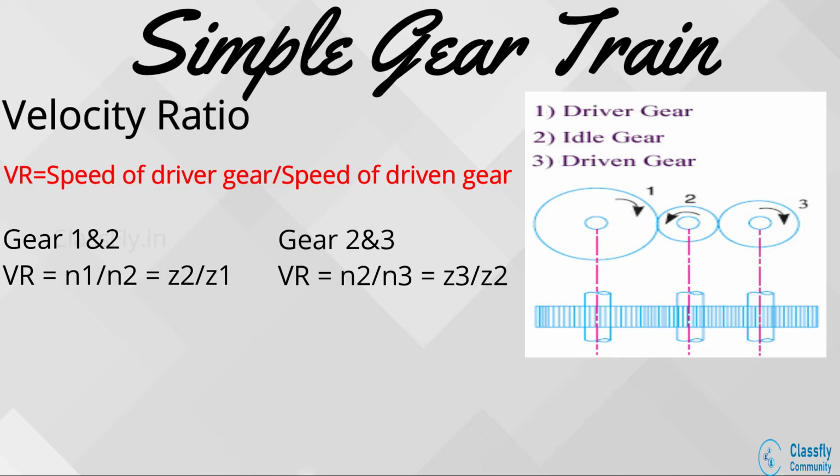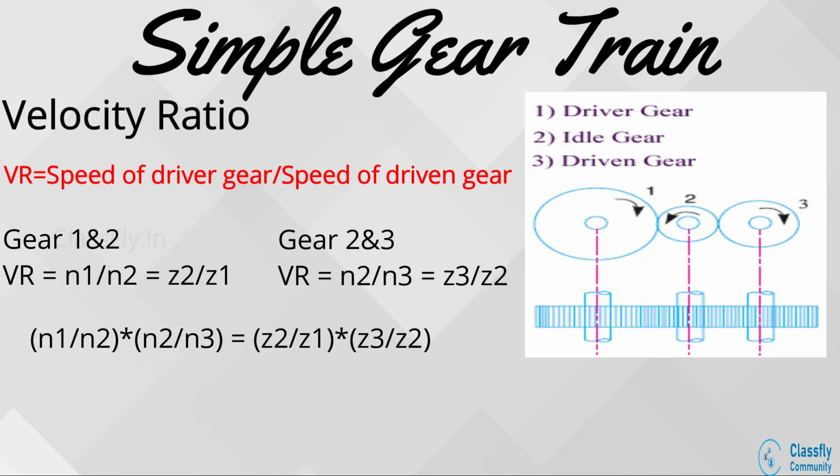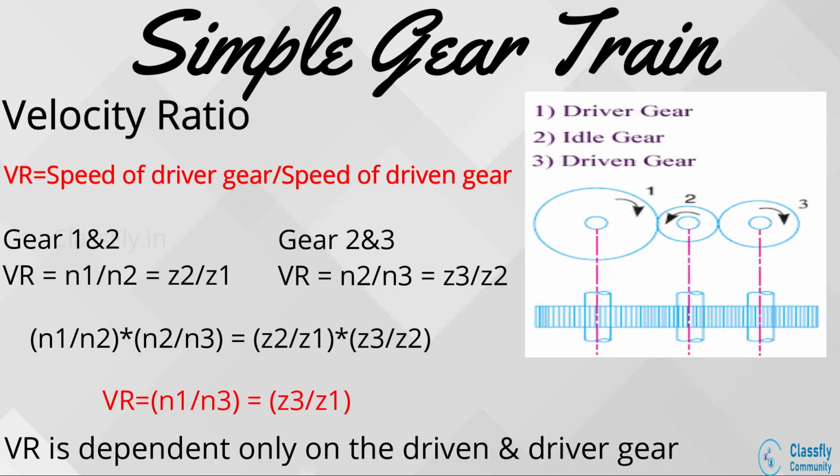Now, multiplying these two equations, we have N1 by N2 into N2 by N3 is equal to Z3 by Z2 into Z2 by Z1. Hence, on simplification, we get the velocity ratio as N1 by N3 equal to Z3 by Z1. Hence, from this, we come to know that the velocity ratio is dependent only upon the driven and the driver gears and is independent of idler gears.